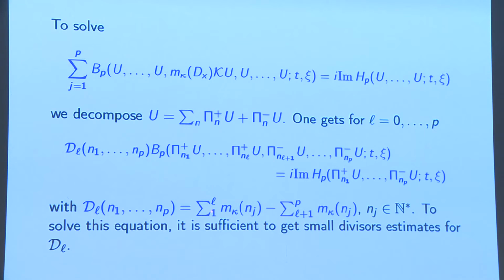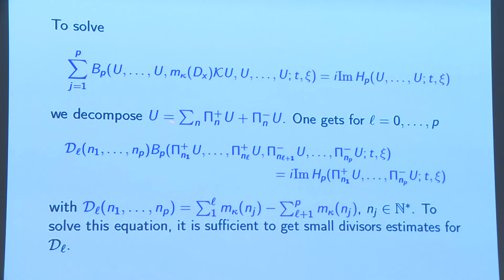And of course, this multiplication by a function may move out of BP by linearity. In the same way, for the last terms, when you make act such an operator on the last terms, you get multiplication by some m kappa of nj with a minus sign.